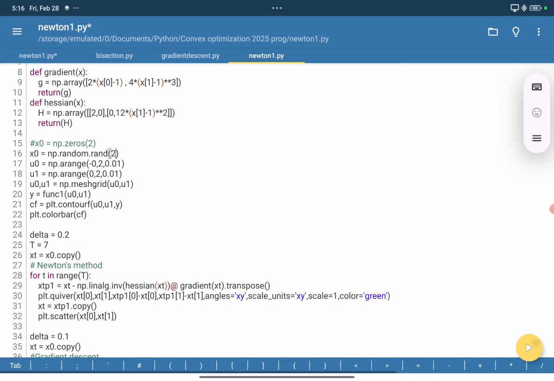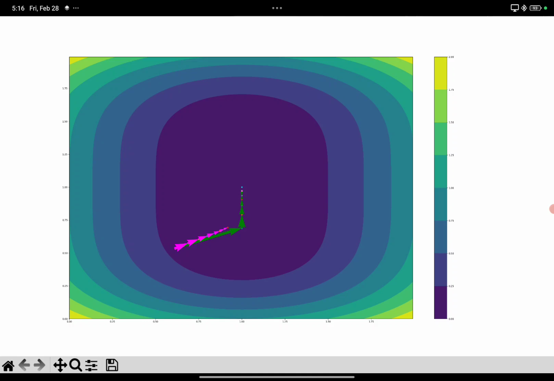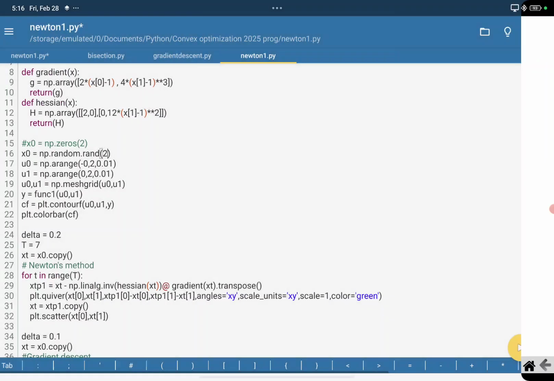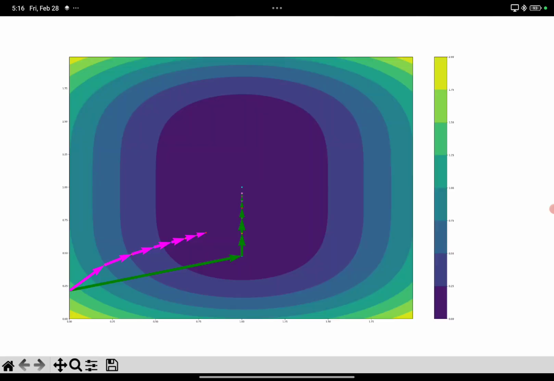I can run it again. The initial point is different, but the same thing happens. Run it again, same thing.